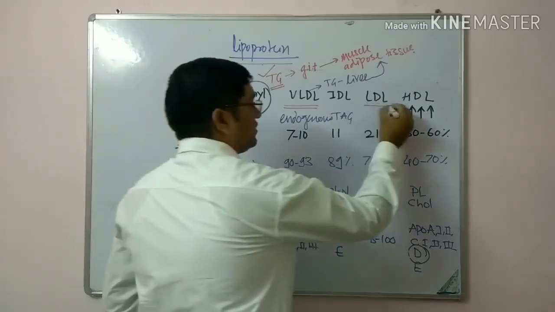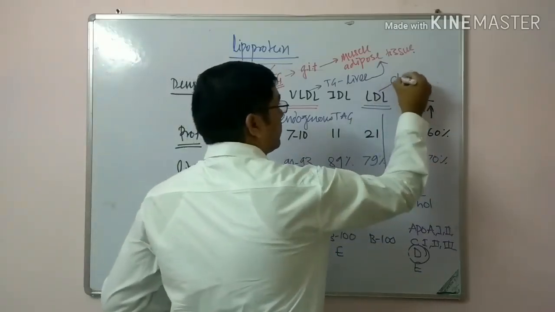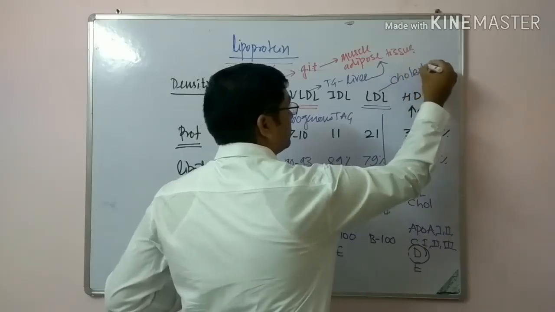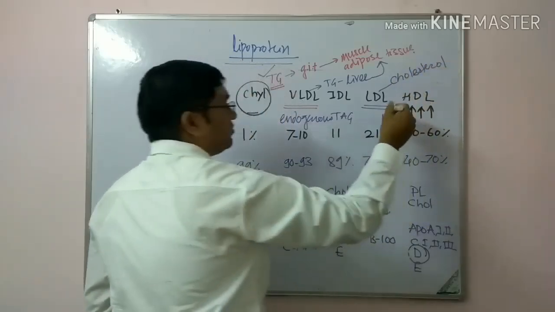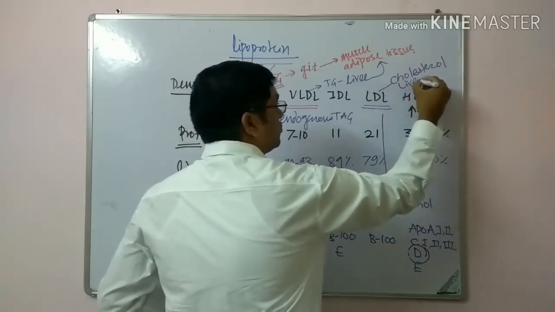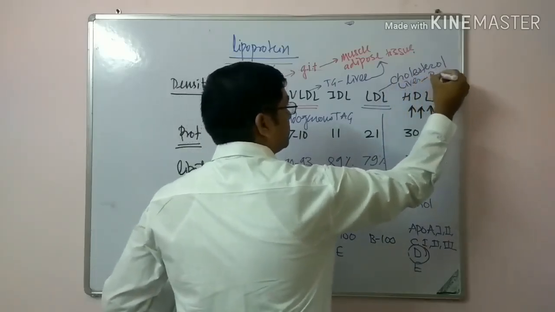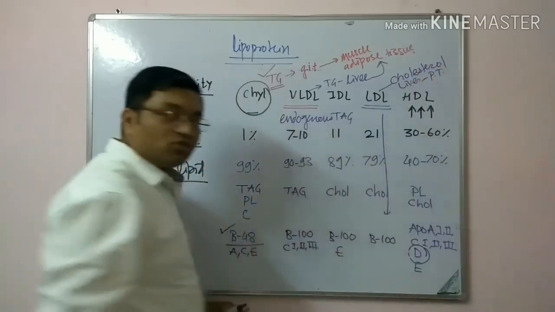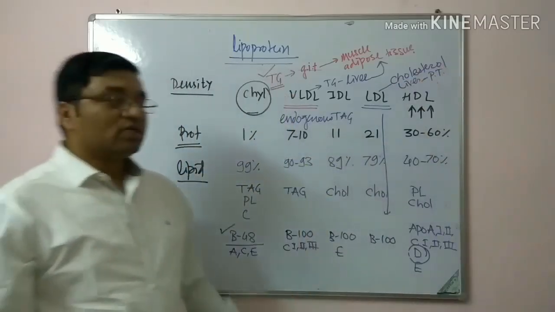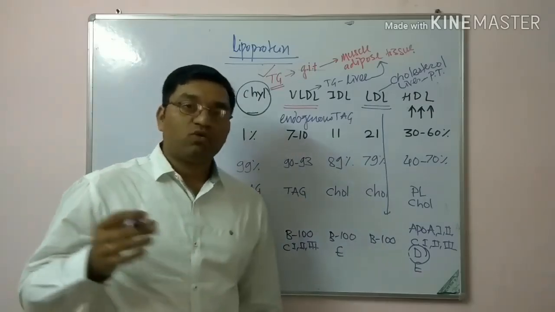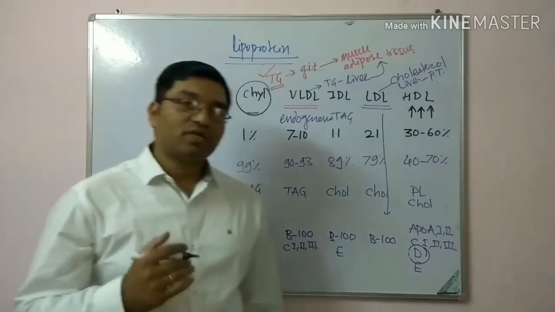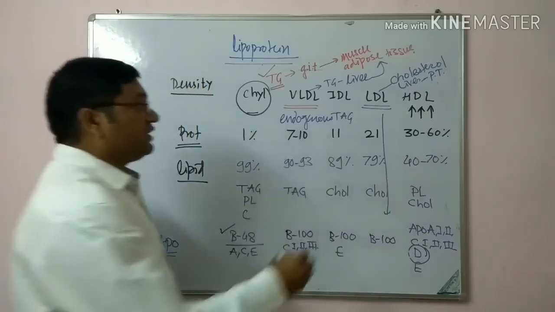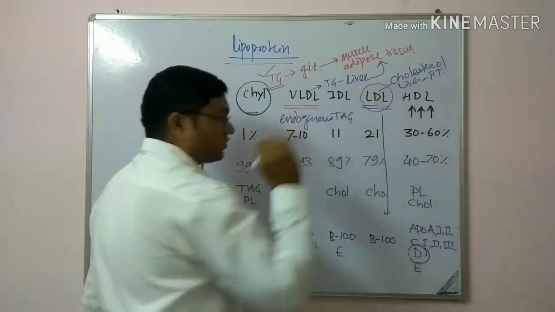Then LDL is responsible for transport of cholesterol from liver to the peripheral tissue. Hence it is known as bad cholesterol, because cholesterol gets deposited in the peripheral tissue, which leads to atherosclerosis.